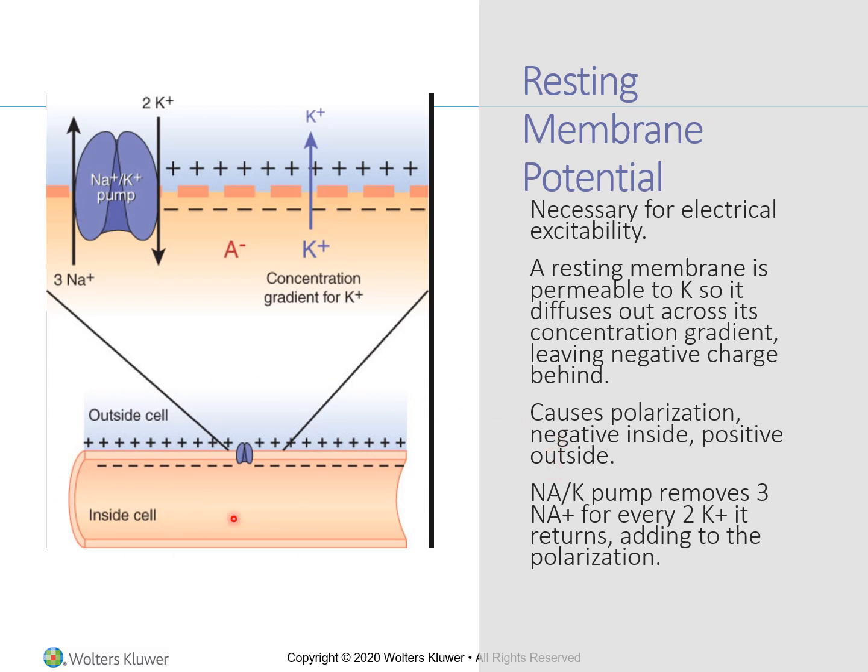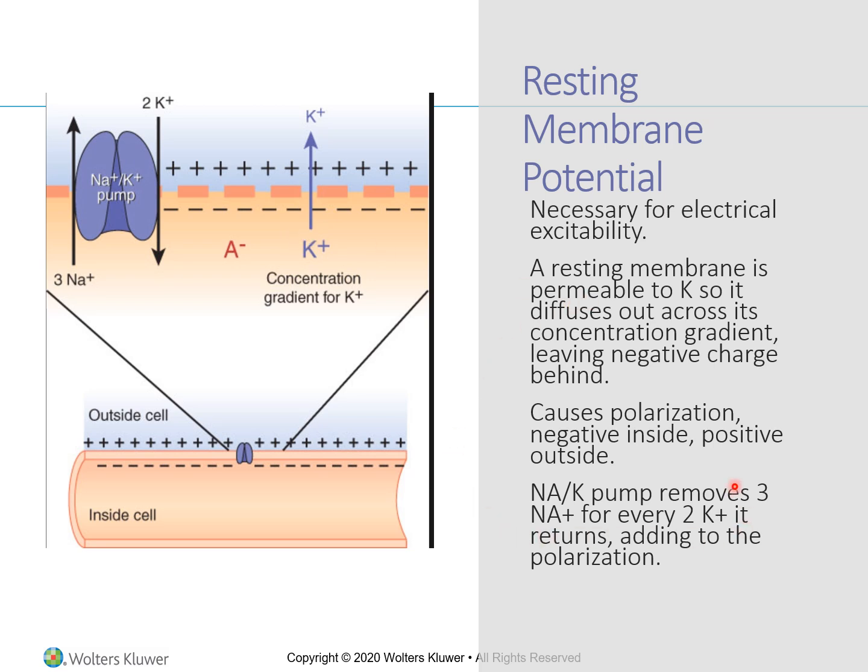Here's the inside of the cell, here's the outside of the cell, and at rest, you can see that all my little negative charges are lined up inside the cell, and my positive charges are lined up outside the cell. Again, you see I've got my positively charged potassium, and it's moving down its concentration gradient. So net movement of potassium out of the cell, leaving behind its negative charges inside and its positive charges outside, giving me that resting membrane potential with positive out and negative in.